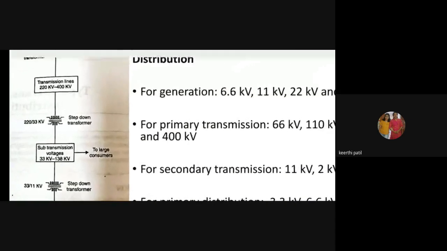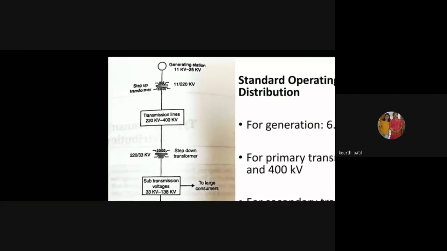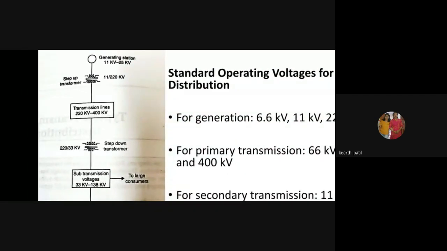Let's just see that like a flow chart. So this is how it looks. The first point, the circle that is being shown, is the generating station. This is where the generators are generating the electrical power.